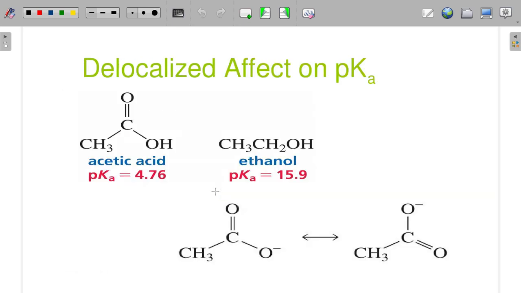Okay, now we're going to see that delocalized effect does actually affect our pKa's a lot. Anytime we see a compound that we know what its pKa should be based on the family it's in, like our ethanols, our alcohols always have pKa's around 15. But if I have that OH attached to a carbonyl, I do expect it to be much more acidic because now it's a carboxylic acid.